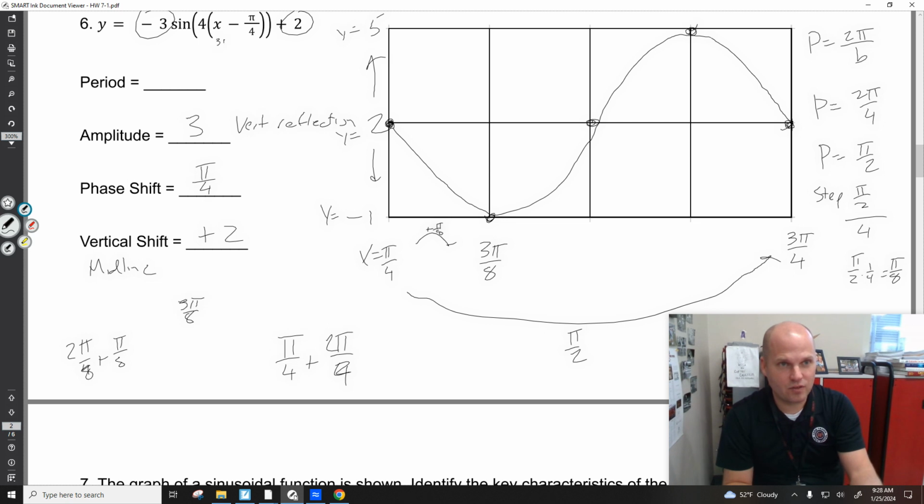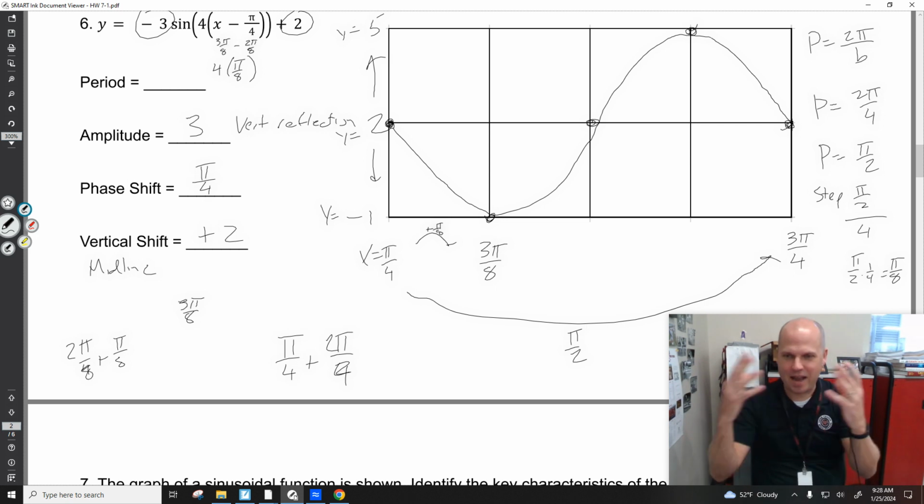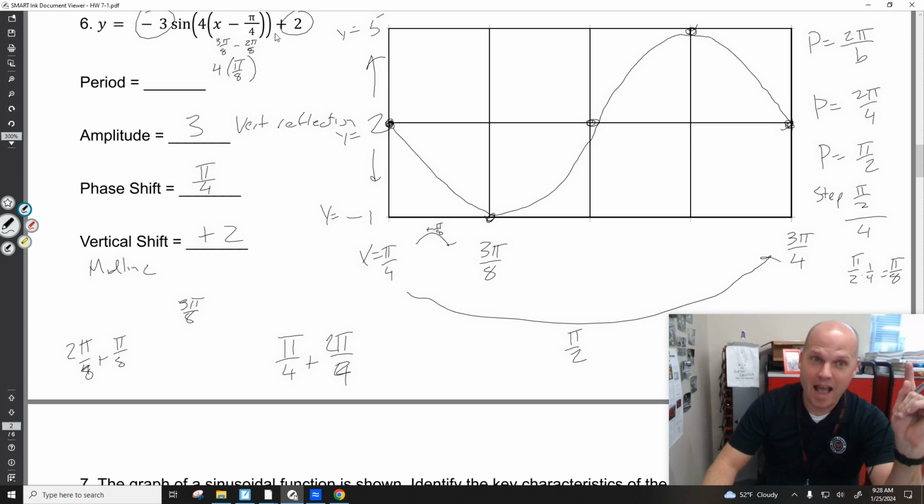So 3 pi over 8 minus 2 pi over 8, good, is 1 pi over 8. Times 4 becomes pi over 2. The sine of pi over 2 is 1. Okay, that's my output after plugging in 3 pi over 8. Take that 1, multiply it by -3, and then add 2, and boom, there's that y-coordinate, -1.